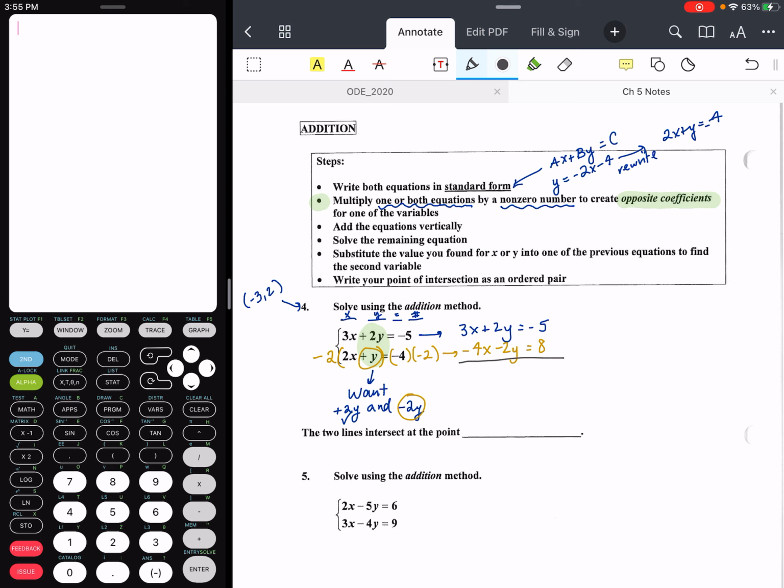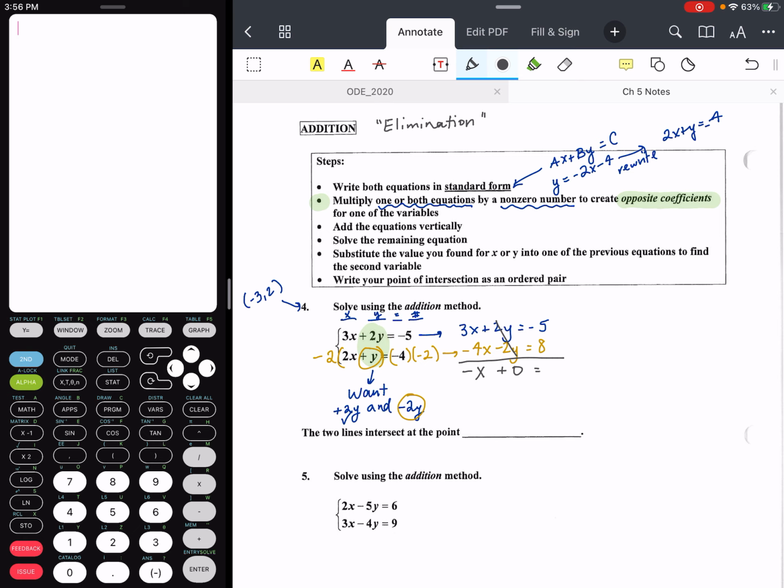All right, now comes the addition part, or sometimes it's called the elimination method, because we're going to add up our two equations, and by doing that, we'll see the elimination of one of our variables. So 3x minus 4x gives me -x. Positive 2y minus 2y, the y variable is eliminated, those cancel to 0.